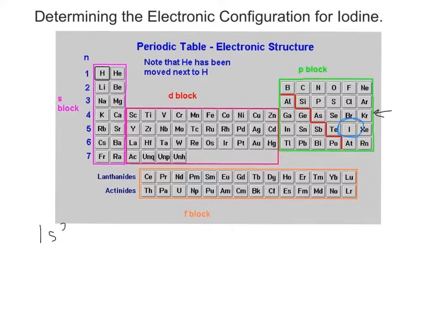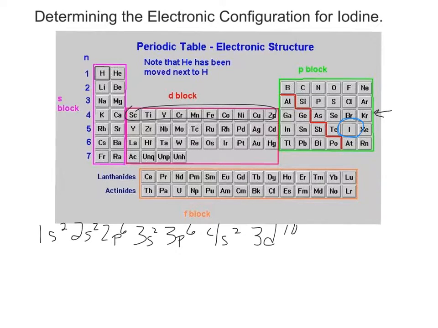So that's 1s2, 2s2, 2p6, 3s2, 3p6, 4s2, and now I've got all of these D's here, so that's going to be 3d10, because remember I take row number minus 1, then I got 4p6.